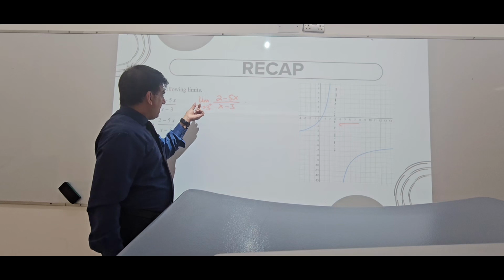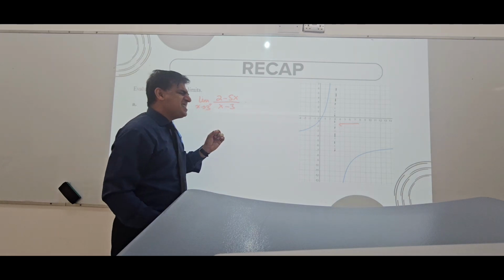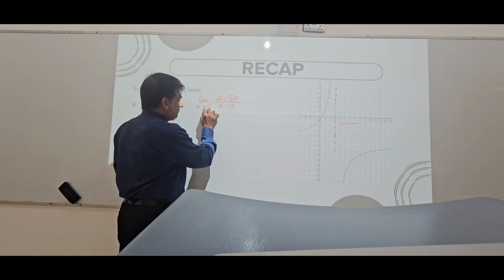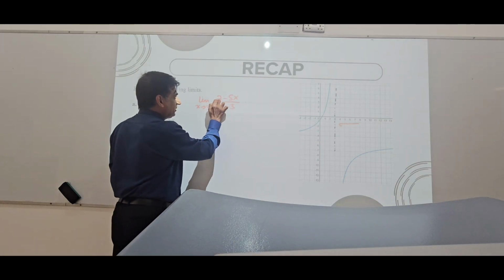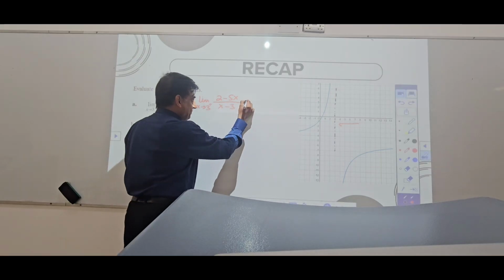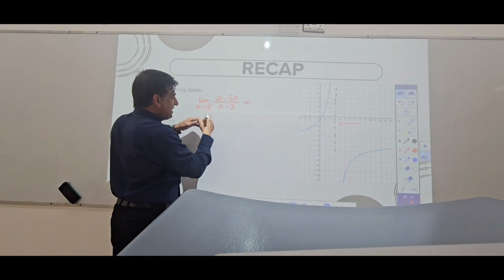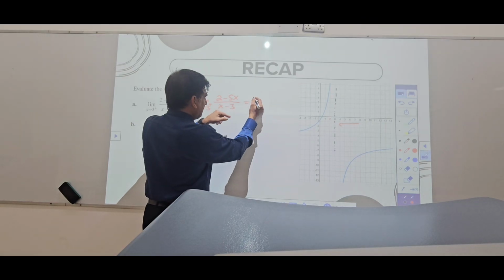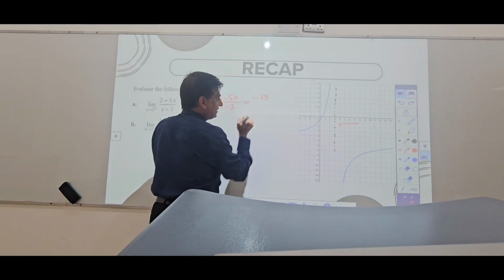See, when x is slightly bigger than 3, what effect does it have on the numerator? When x approaches 3, the numerator, if you remember, will approach minus 13, isn't it?